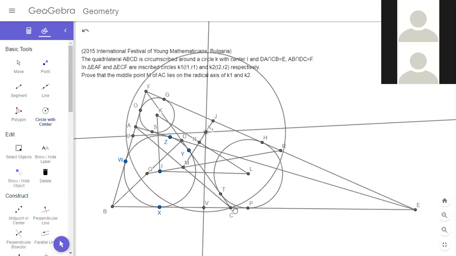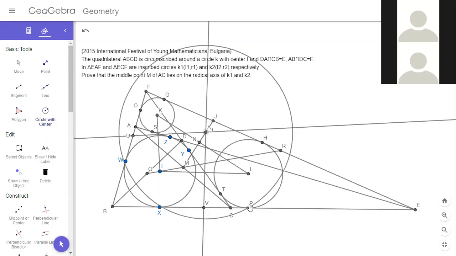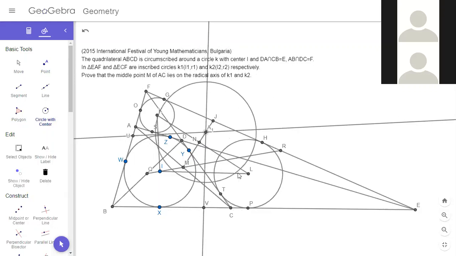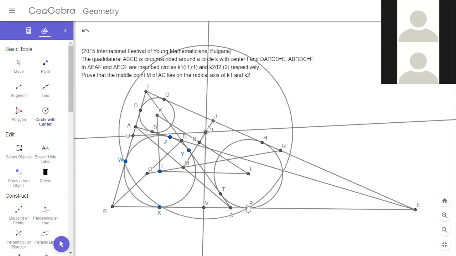Okay. I'm cheating so much with GeoGebra. Okay. So if we let A1 be the radical center, we could try to show that J, A1, and M are collinear.